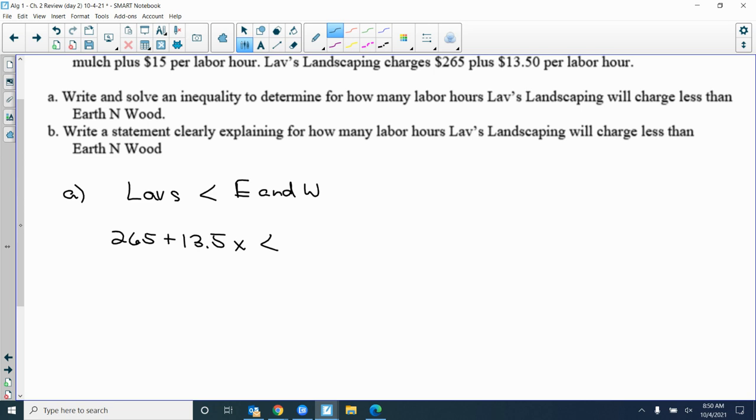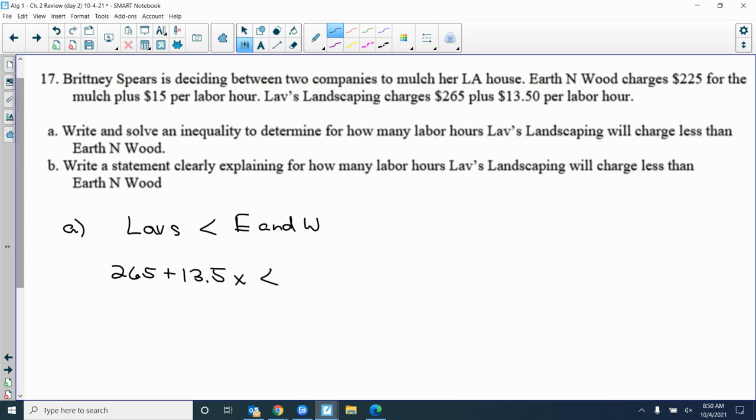All right, so now that you got that, Diana, what would we use for Earth and Wood? What do you think? 225 plus 15x.